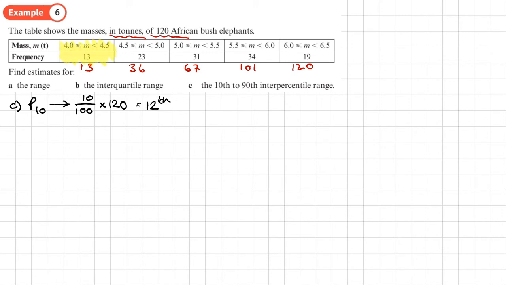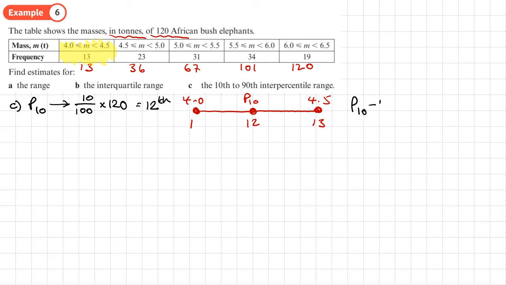So let's just highlight that there. We'll draw our bar like this. So we have P10, which is the 12th position. That group goes from 4.0 to 4.5. And the positions, 13th here and first value there. Right, so now we can do our equation.